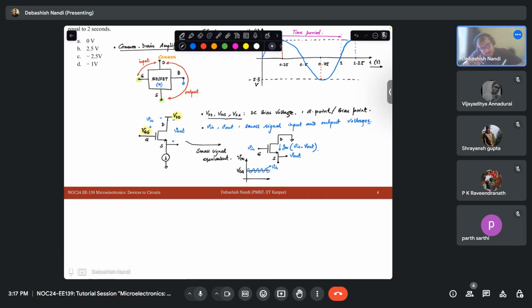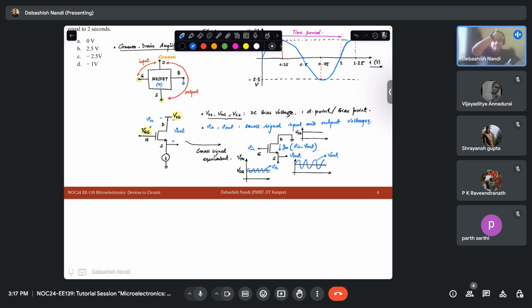Similarly, what is happening at the drain? At the drain you have a fixed signal, that is your VDD. Similarly at the output, you will have a certain DC level, and on top of that you will have your amplified V out.